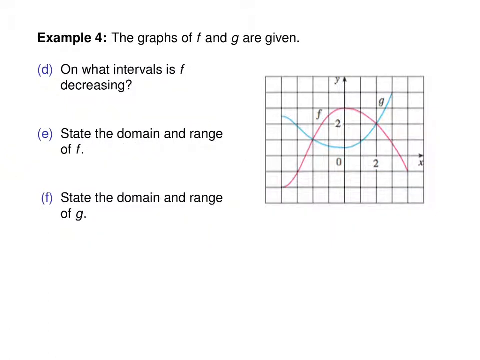Okay. So on what intervals is f decreasing? 0 to 4, yep. And this is one thing where I'm not sure if your book is actually doing it right. So I would say that this point where it starts decreasing, you would put a parenthesis around.